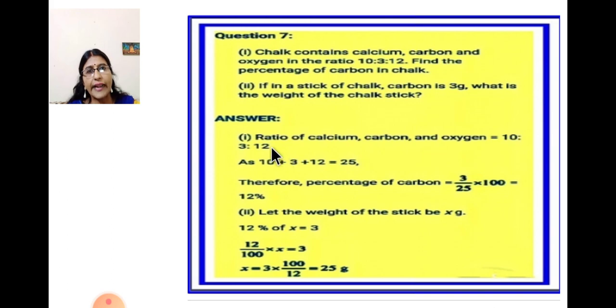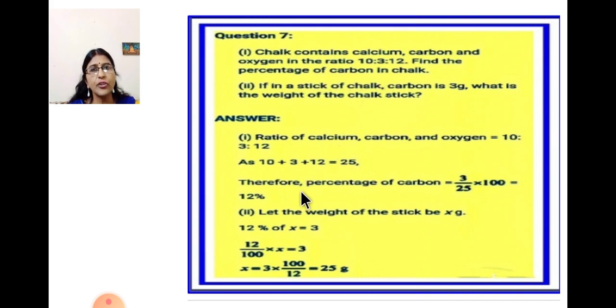So first we will write ratio of calcium, carbon and oxygen is equal to 10:3:12. And then total ratios will be 10 plus 3 plus 12. 10 plus 3 plus 12 is 25. And now in the question we have to find out the percentage of carbon.